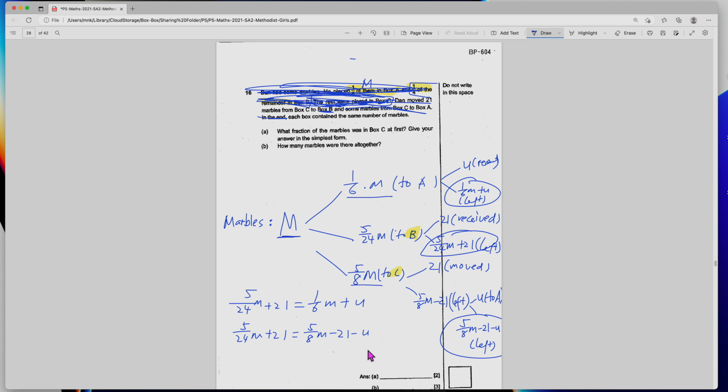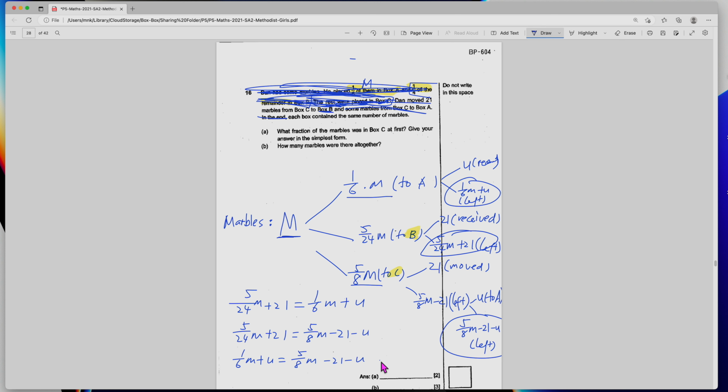And then these two they are also equal. Okay? So they are all equal.